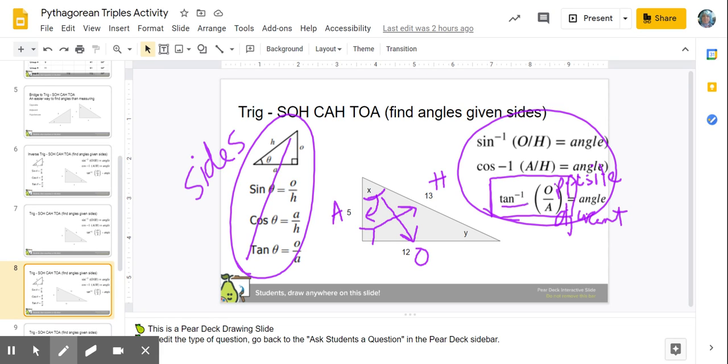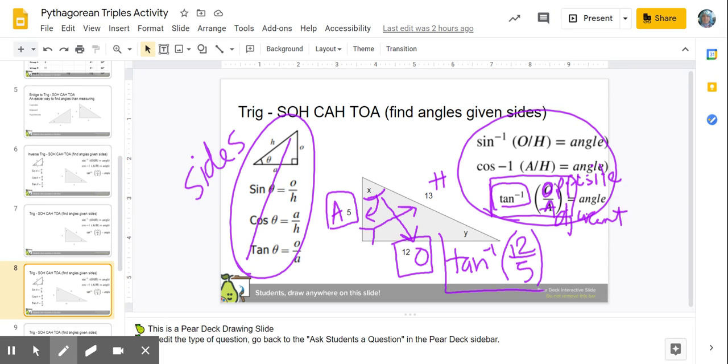So we're going to take tangent, and right now it does not matter which one we use. When you don't have as much information, then you have to make a choice, and there's specific ones that you have to use. But opposite is 12, so that's going to go here. I'm just replacing my O. And then adjacent is 5, so I'm just replacing my A.